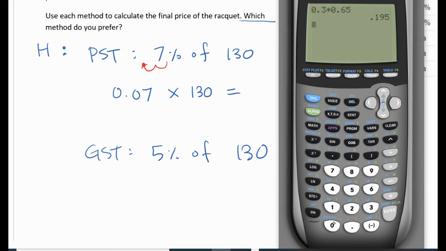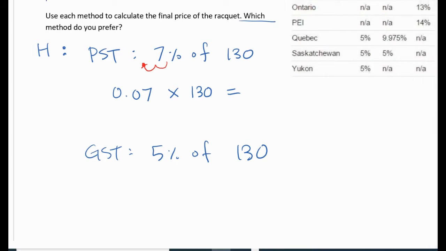Okay, 0.07 times 130 is 9.1. So write 9.1. Okay, PST is $9.10. 9.1 is the same as 9.10, right?